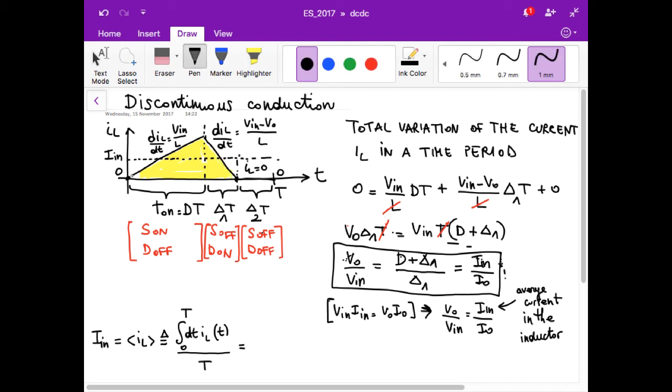We can compute the area as the base times the height divided by 2. So the base is (D plus delta 1) times T. The height is I peak that we have already computed, which is V in over L times DT, and then I have to divide by 2, and then by T. That's it.